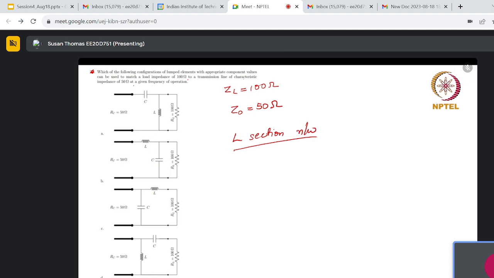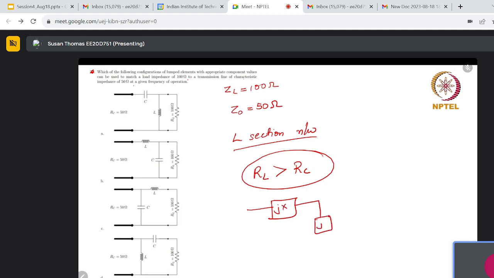Option A and option B, because RL is greater than the characteristic impedance. Yes. So RL is greater than RC here. That's the reason we choose either. So in general, we can say it should be JX, JB.